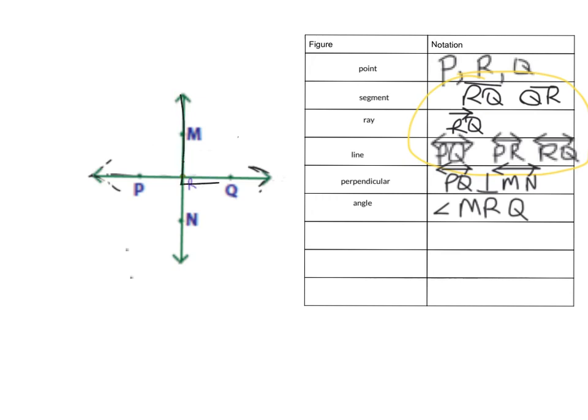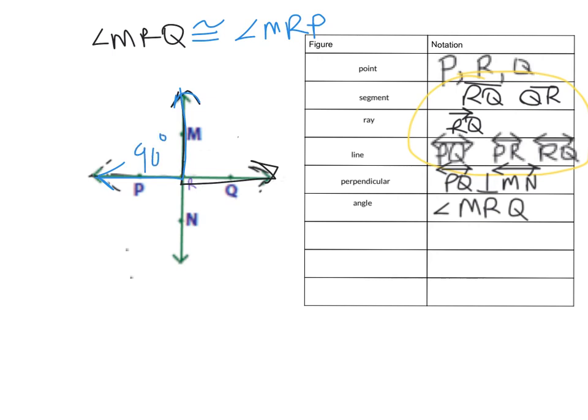We've got angle MRQ, which we just named. We could also talk about angle MRP, this angle over here. Now, angle MRQ and angle MRP, both are 90 degrees, so we can say that they are congruent angles. Okay, so over here in our notation, if two angles are congruent, we can name them, and angle MRQ is congruent to angle MRP.